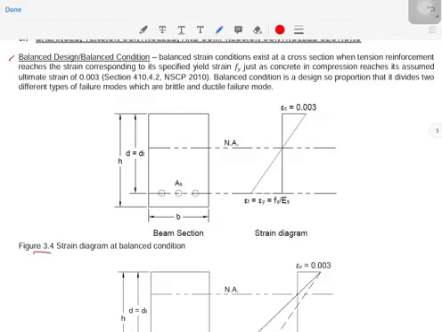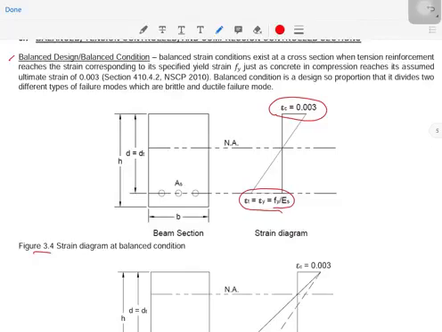If we try to illustrate that, you can see in figure 3.4 the strain diagram at balance condition. If we have this NA here, since that is balanced, then if your concrete reaches the strain equal to 0.003, the strain at the tension reinforcement, which is equal to fy over Es, will be reached as well.